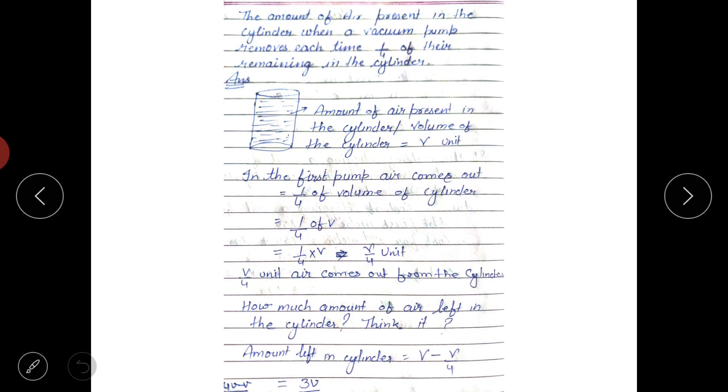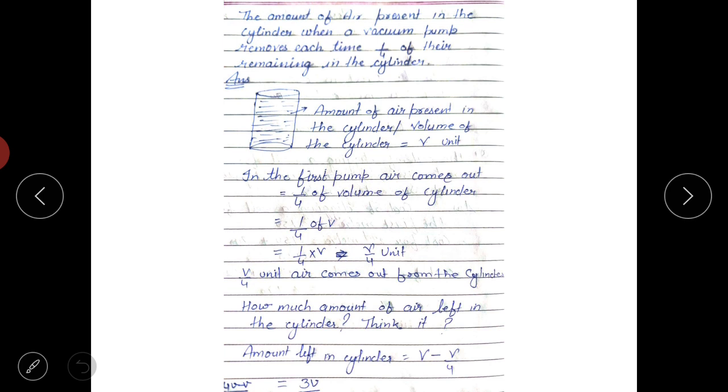Another question, the most important question of this exercise 5.1: the amount of air present in the cylinder when a vacuum pump removes each time 1/4 of the air remaining in the cylinder. It means there is a cylinder filled with air, and in each pump out we remove 1/4 of the air.